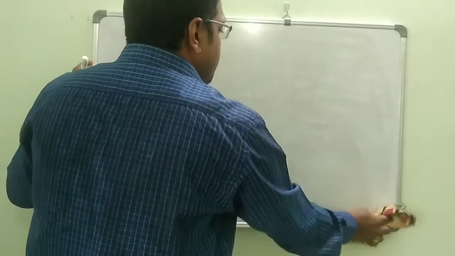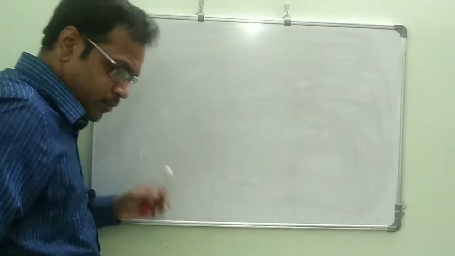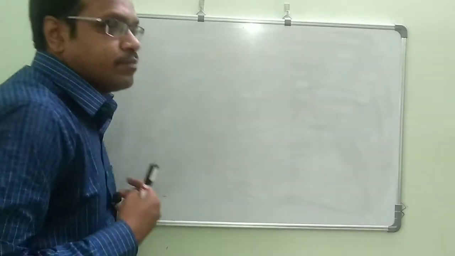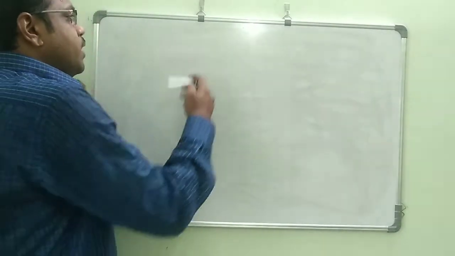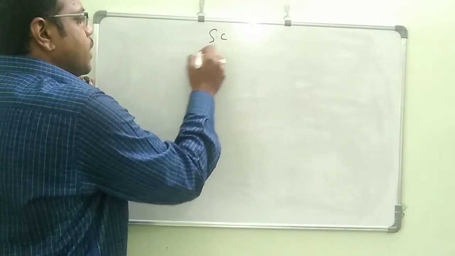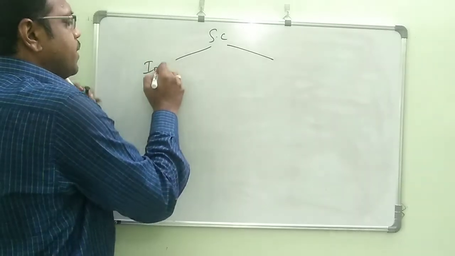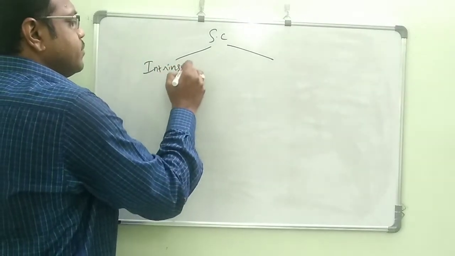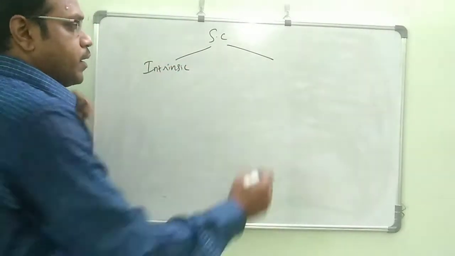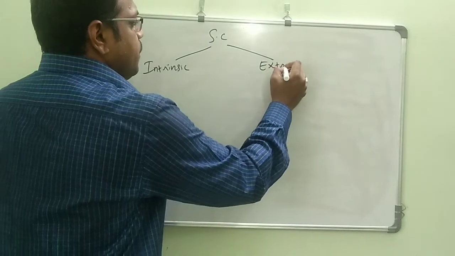In pure semiconductor, if you see the conductivity, so I am taking here semiconductors. There are two types: intrinsic semiconductor and extrinsic semiconductor, which is impure.